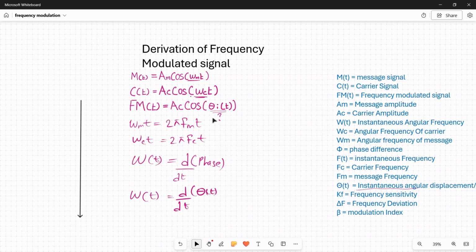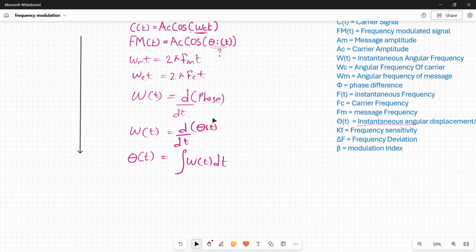And of course our interest is what our phase is equal to. So our instantaneous phase is equal to the integral of our instantaneous angular frequency. Let's call this equation 1, a very key equation.